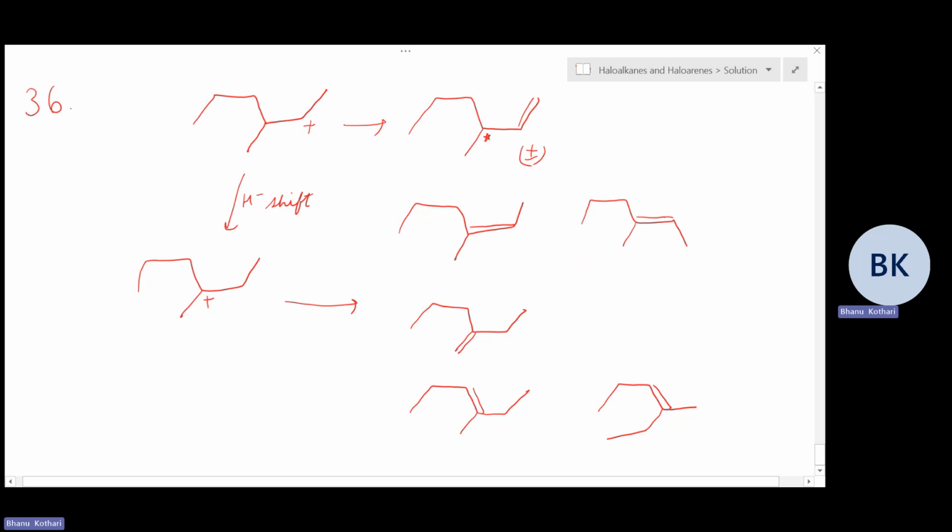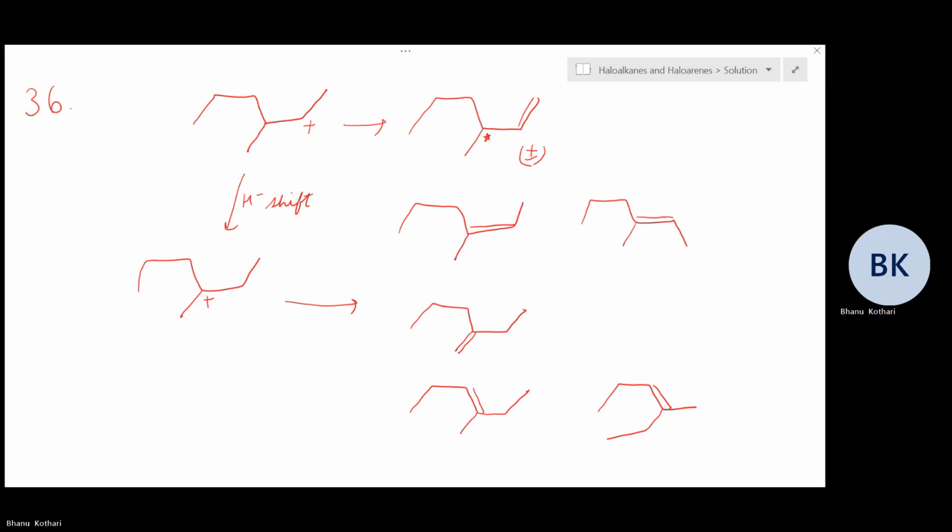The 2-ethyl can be cis or the 2-ethyl can be trans. Since the double bond is asymmetrical, there is a possibility of geometrical isomerism. So you have to consider everything. So these are the 6 possible isomers.